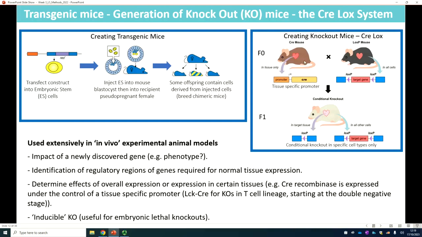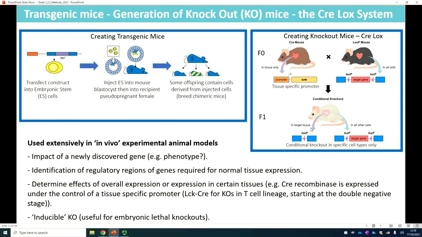So what you do is you then breed these mice together. You've got your LCK Cre mice and your mice that have the target gene flanked by LoxP sites. And ultimately, you'll create a conditional knockout. A conditional knockout means that the mice will have a knockout of that particular gene in certain cells. So if we've had an LCK Cre mouse, we will have a knockout that's only in T cells, so in the thymus.